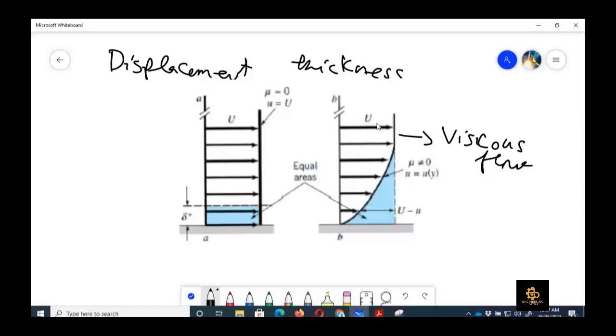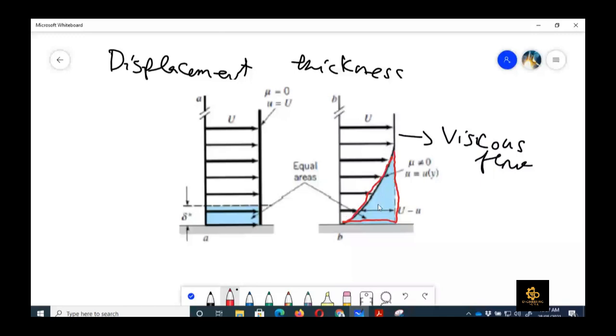Right. So here there is a shaded region, this red region. What is this?